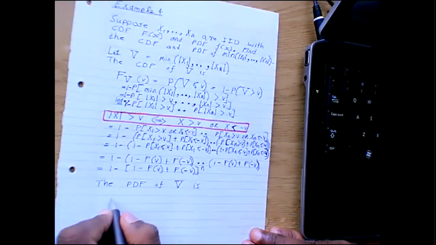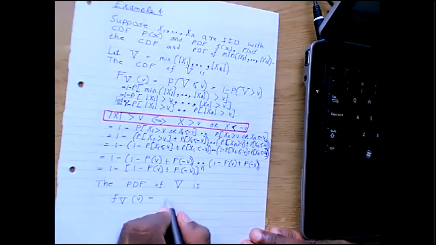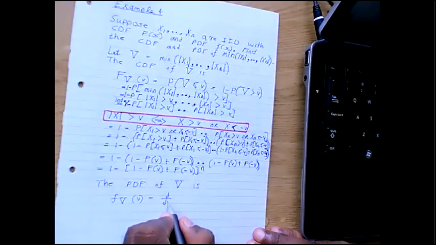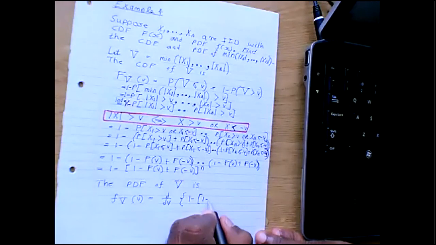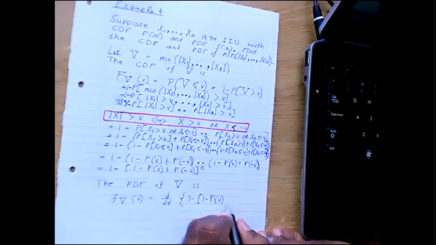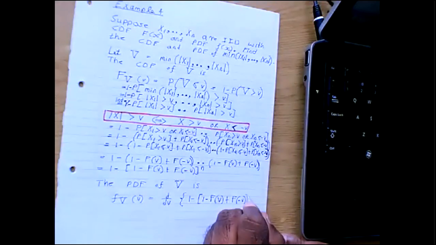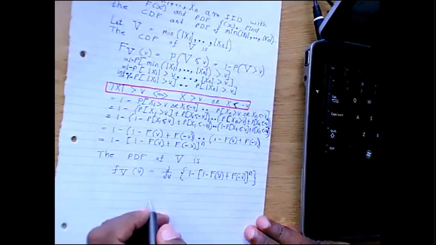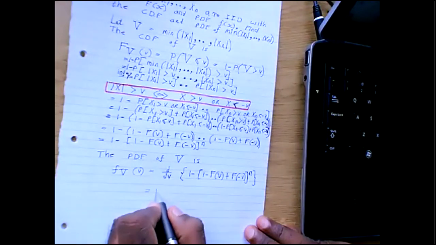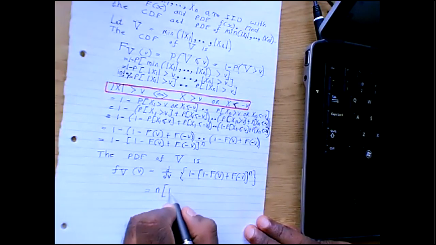So let me denote this by this, and differentiate like this. Now, if you use the chain rule to do the differentiation, this is what you will get. Correct me if I'm wrong.